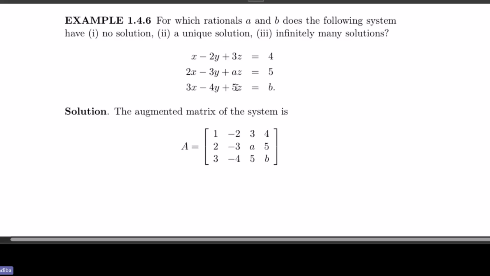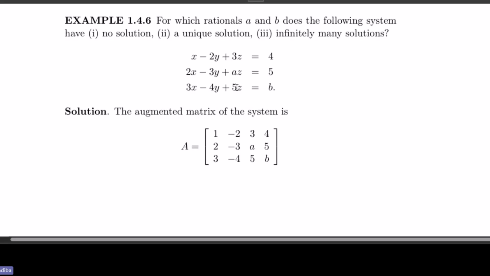This is what we said, and we're still saying it now. Do we agree? Yes, agreed. If A equals 4 and B is not equal to 6, this system will have no solution.